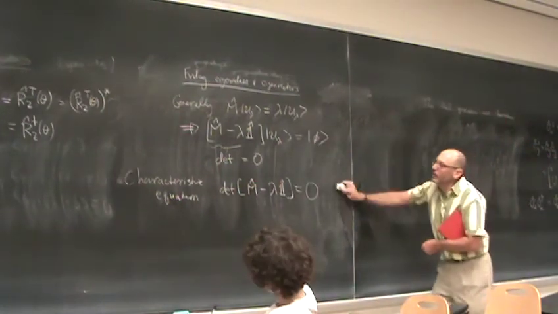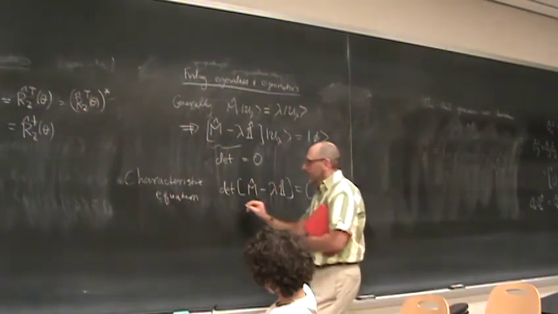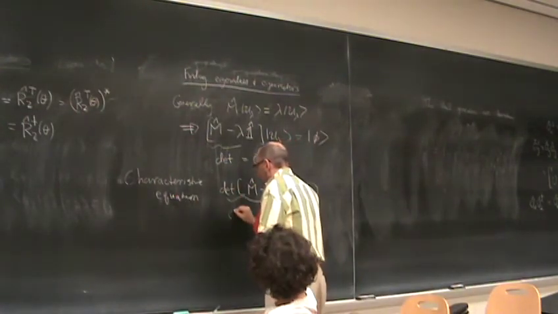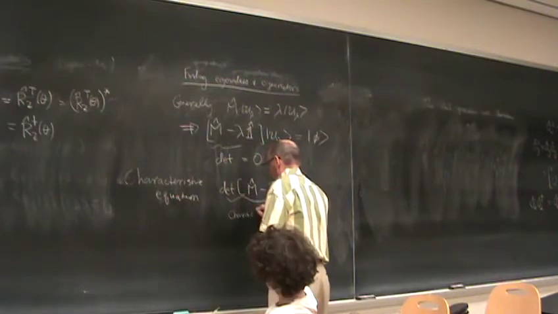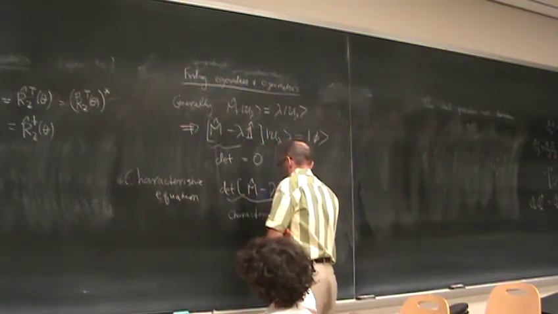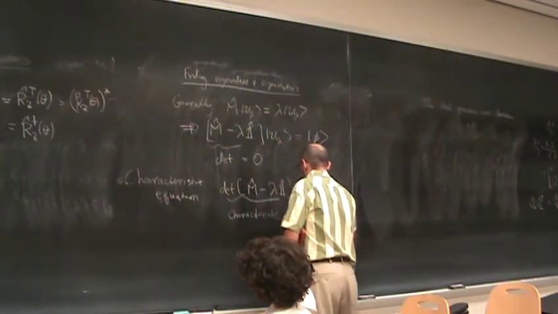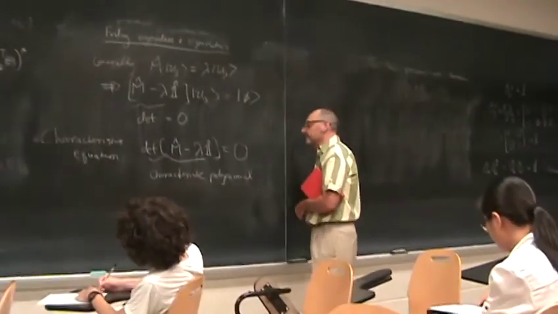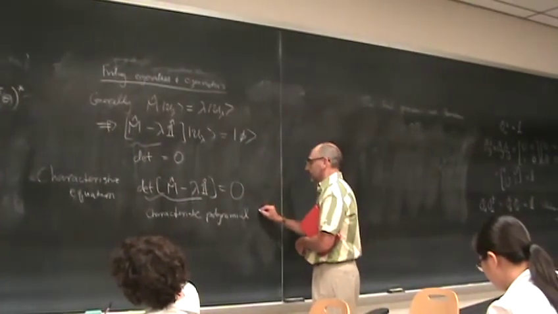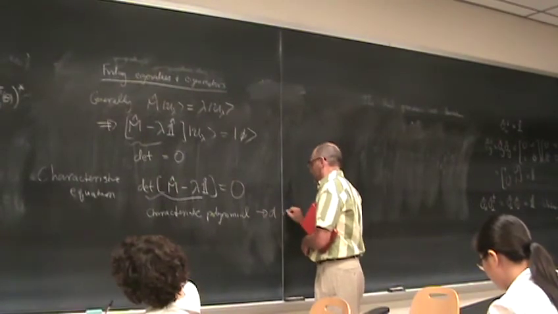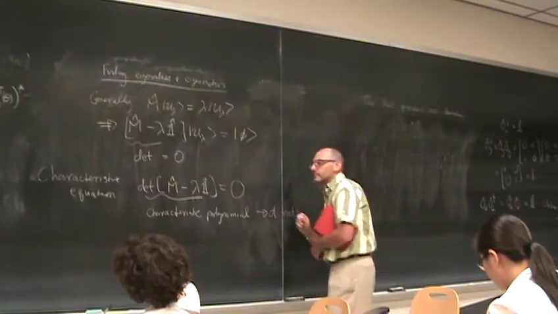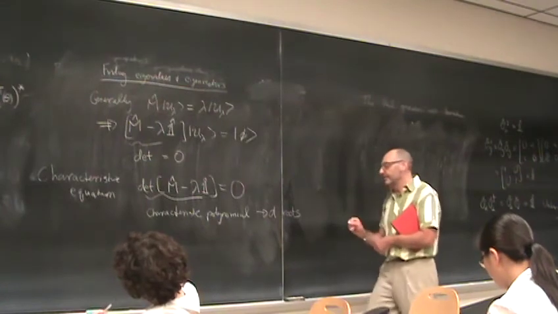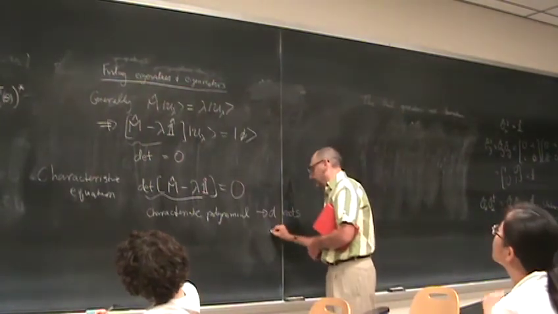This object is called the characteristic polynomial. For a d-dimensional Hilbert space, it has d roots, and those d roots are the eigenvalues.